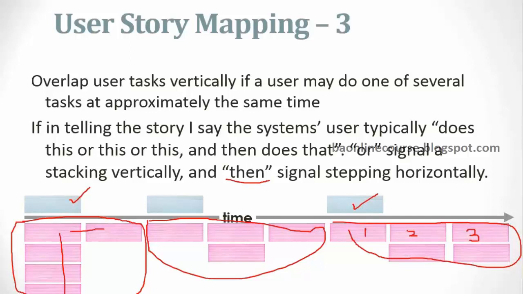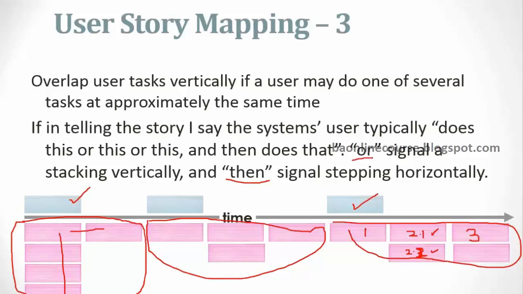Okay, but some of these steps or smaller user stories can be done in multiple ways, right? So it can be done in 2.1 or 2.2, right? Something like, let's say, your payment can be made by a credit card or a debit card. If there are 2 options, then one becomes 2.1 and the second becomes 2.2. So we can make the payment by this method or this method.